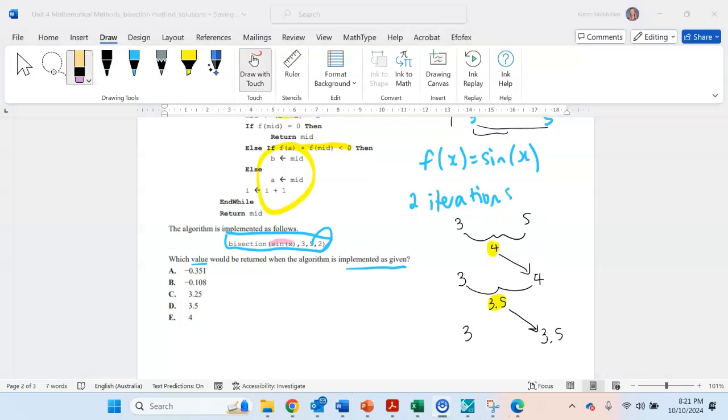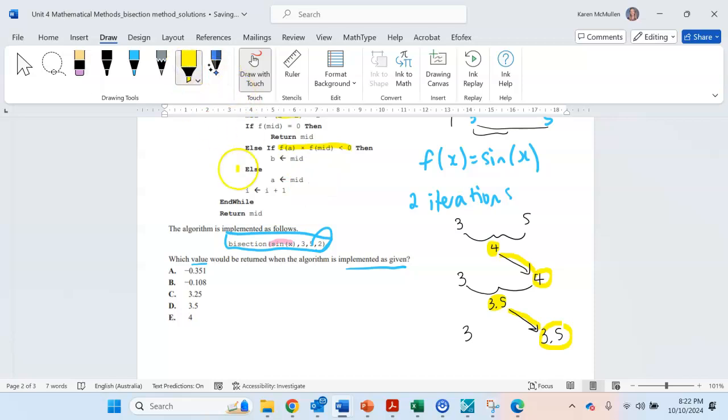So we've done our 2 iterations. Let me get a highlighter. This is our first iteration, applying the 4 here, so b became 4. The next change was 3.5. If we go back to our pseudocode, we only wanted to do 2 iterations, and this is how it ends.